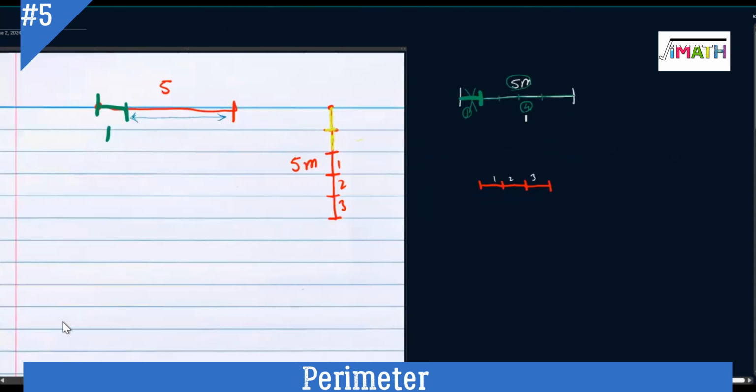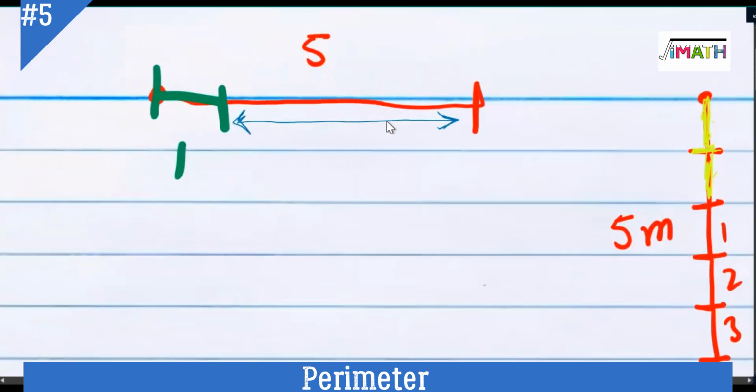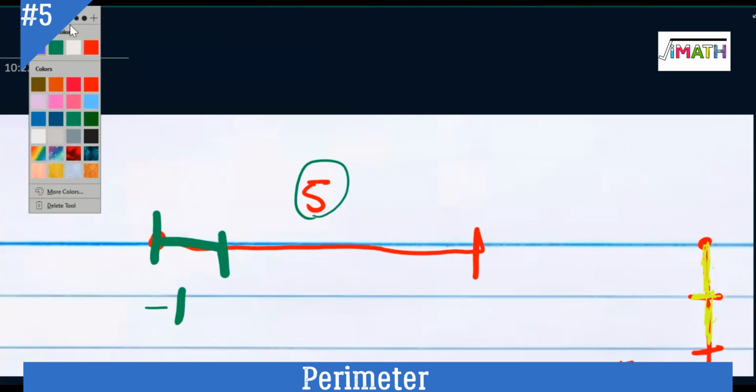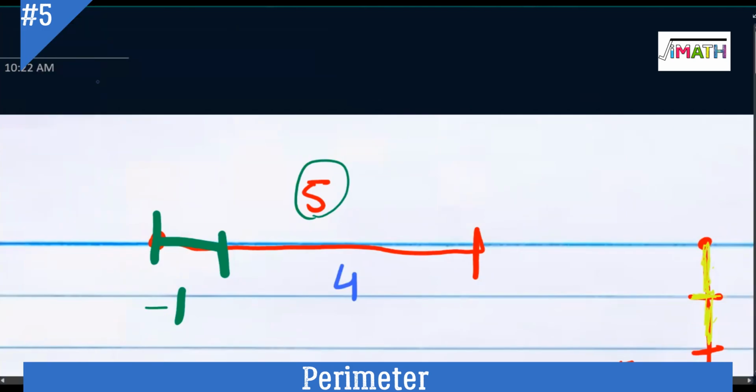So if the total length was 5 and I removed 1, how many segments are left now? 4, because 4 plus 1 is equal to 5.